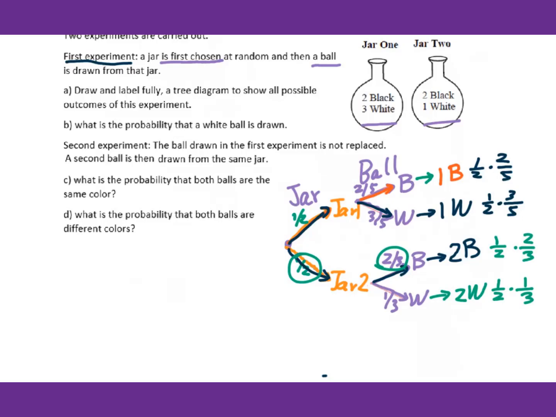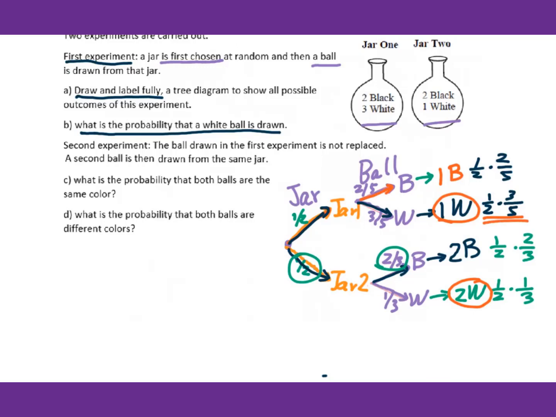After you label this tree diagram fully, then we need to answer these questions. What's the probability that a white ball is drawn? You have to check where the white ball is. You can see here is draw 1 white and draw 2 white.